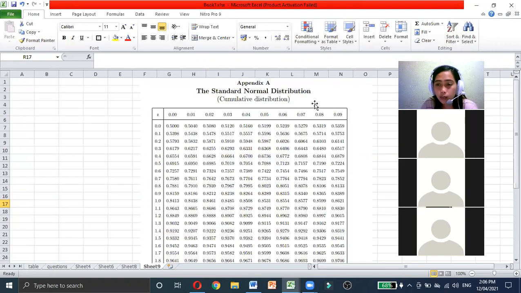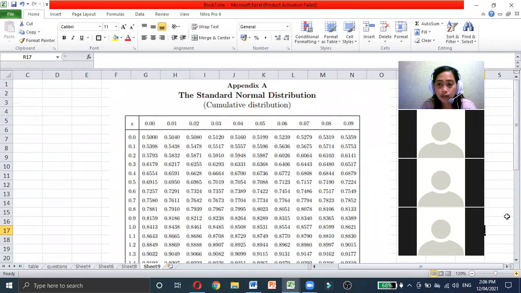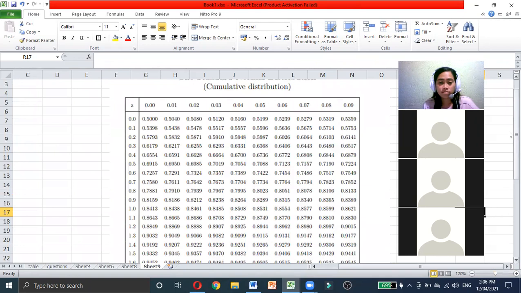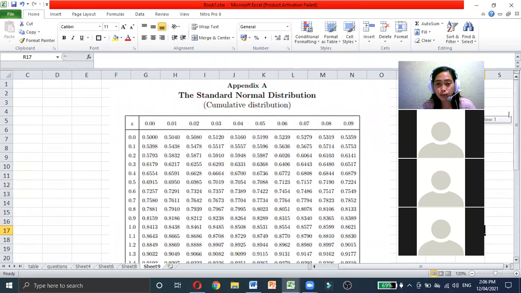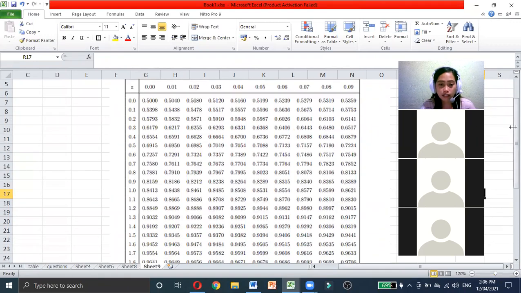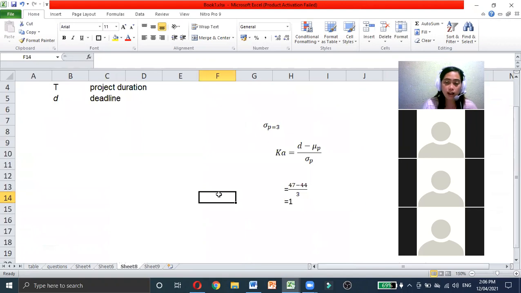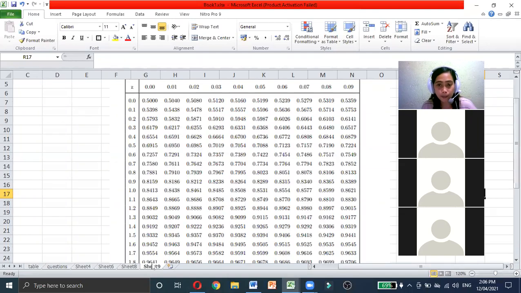Looking at the standard normal distribution table, given that the z-test here is 1, what is our probability? It is 0.8413. Okay, that's good.